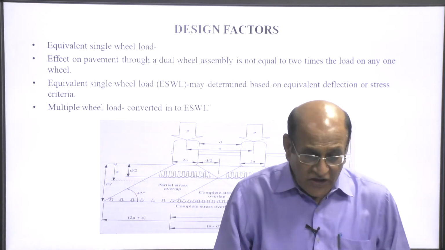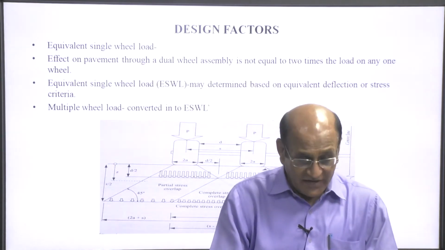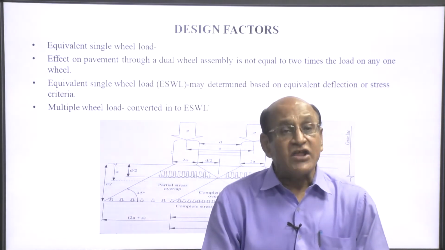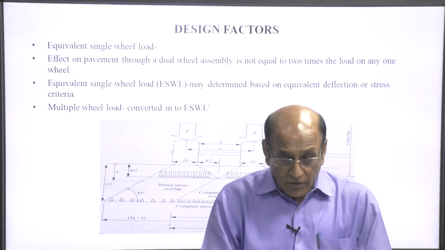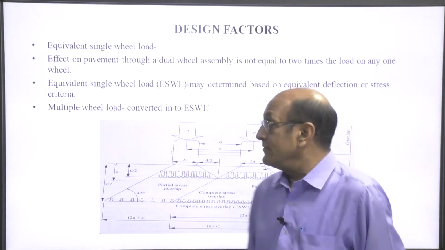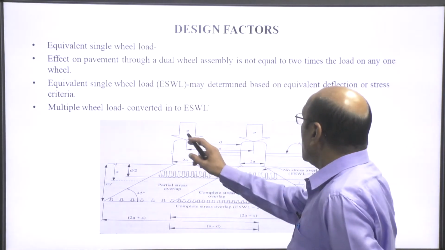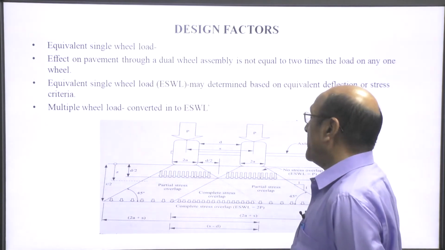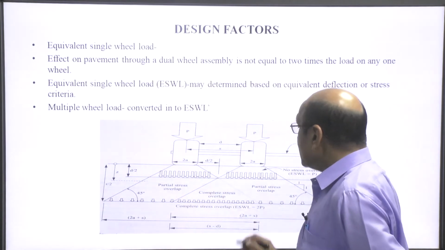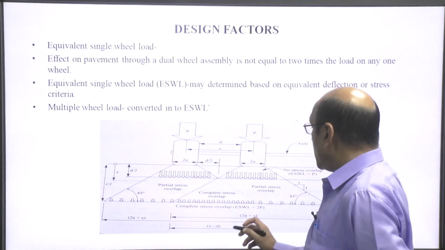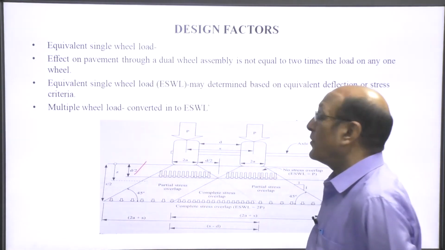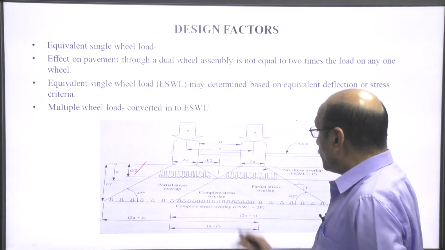Now, equivalent single wheel load, it is very important. The effect on the pavement through a dual wheel assembly is not equal to 2 times the load on any one of the wheels, meaning it is not equal to P plus P, meaning 2P. Why? The influence of wheel load overlaps after d by 2 from the top of the pavement.